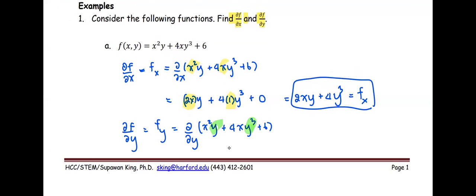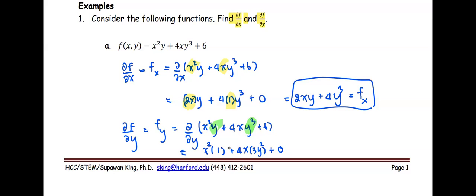With x squared treated as a constant, the derivative of y is 1. Then 4x is a constant, and the derivative of y to the third is 3y squared. And the derivative of the 6, which is constant, is 0.